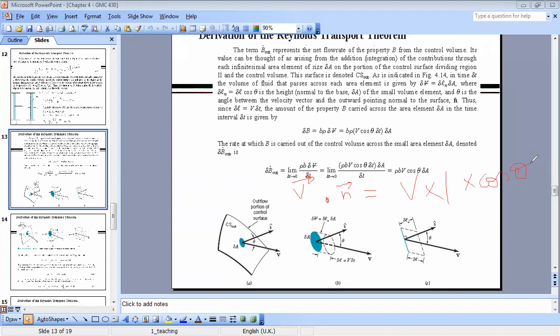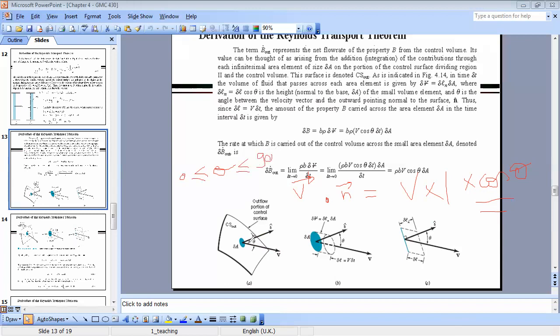As you know, for theta between 0 and 90, cosine theta is positive, and for theta between 90 and 180, cosine theta is negative. What do we mean if theta is between 0 and 90? Is it an inlet or outlet?